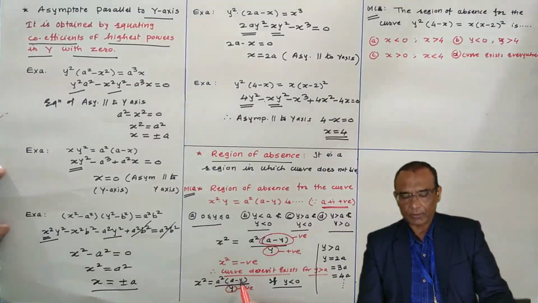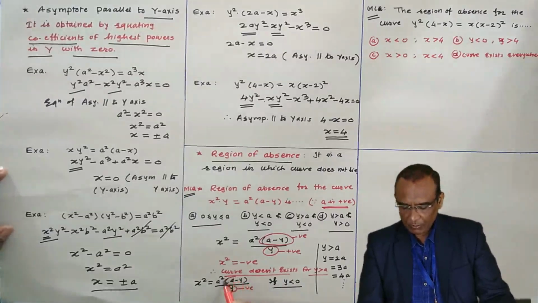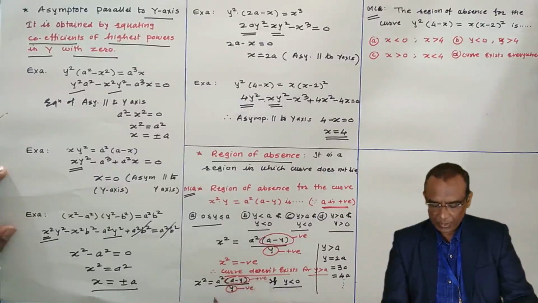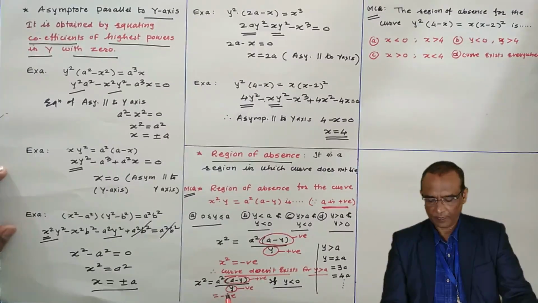If y is negative, then minus minus will be plus, means this much part will be positive again. And positive by negative will be negative, means finally x square will be negative.